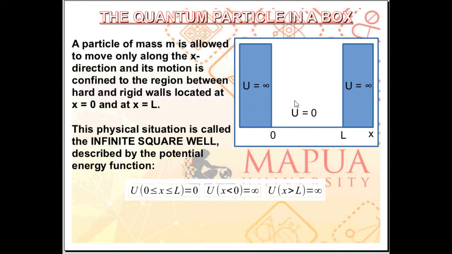On the other hand, at x is equal to 0 and beyond, so at x is less than 0, U, the potential energy, is at infinite value, meaning the particle must have an energy as great as U to be able to pass through to move along x less than 0. The same goes for x is equal to L.